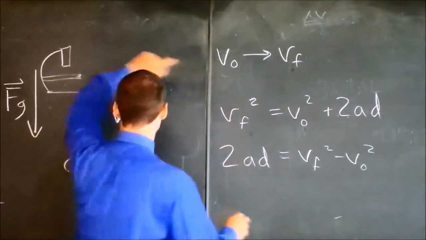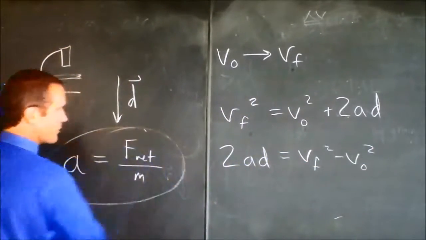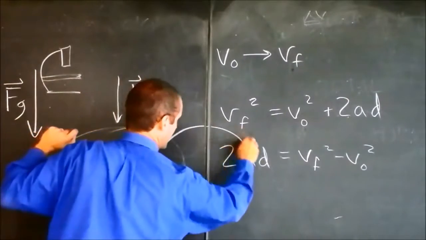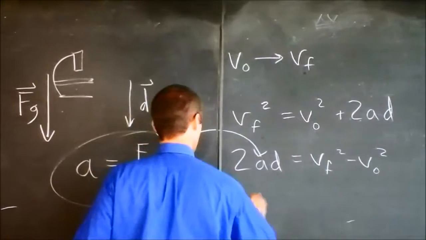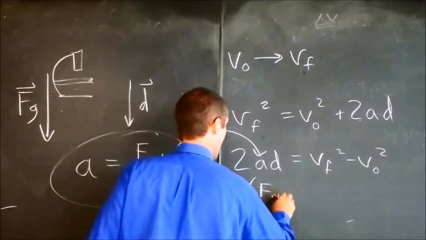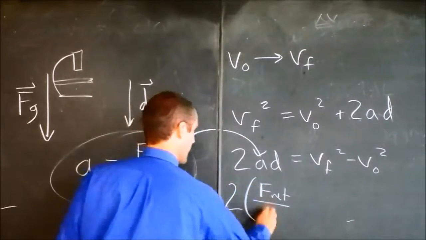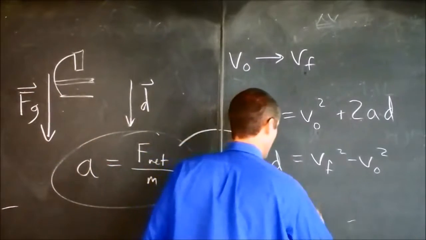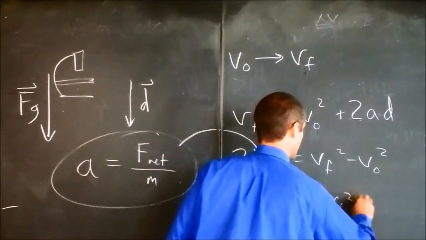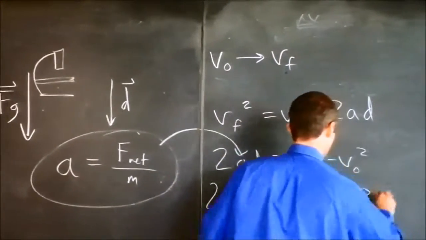And now I'm going to take this definition of acceleration from Newton's second law, plug it in right here, and check this out. 2 times F net divided by mass, that's just a plugging in right there, times d is equal to v final squared minus v initial squared.